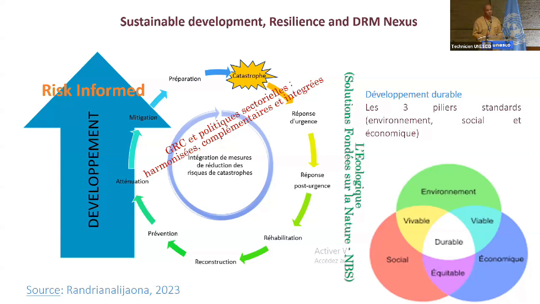And one last point, how to engage with the local community, because this is also something very important. When we talk about disaster risk reduction, the economics of DRR or disaster economics, we used to look at the macro level. But what about the community?